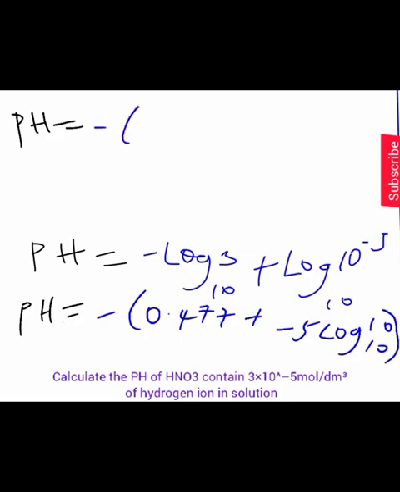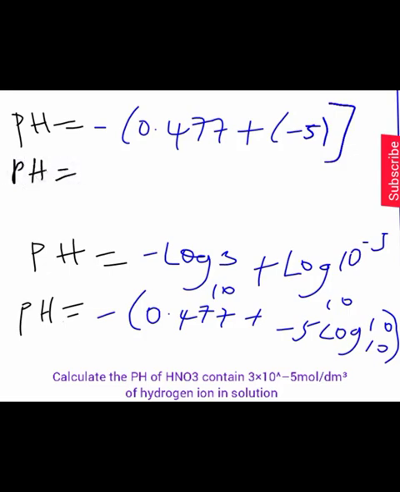Then our pH is now equal to minus bracket 0.477 plus minus log 10 base 10, which is 1, times minus 5, which is the same thing as minus 5. Closing the small bracket, then closing the big bracket. So pH equals minus bracket 0.477 minus 5, close bracket.